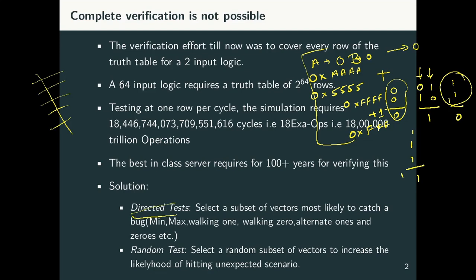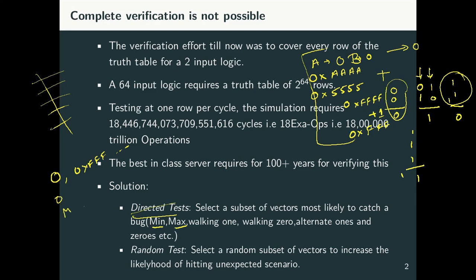So typically for directed test cases, if we don't have much knowledge about what kind of operation is happening, or if the operation is too complex for us to comprehend, then what we do is a min max. So in this case, a min will be 0, a max is all F's, and we do all combinations of this.